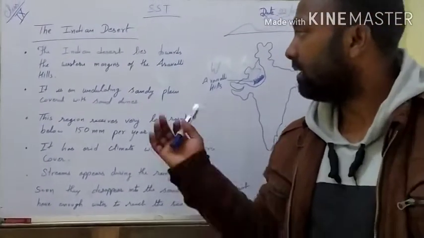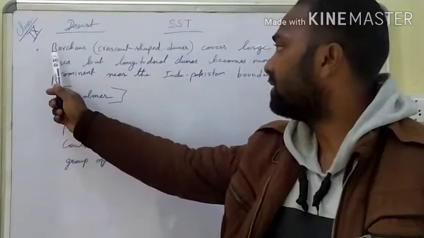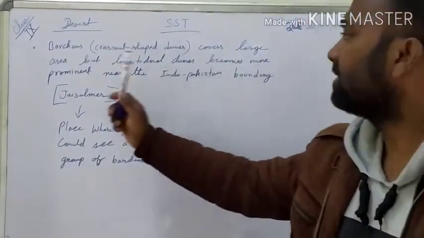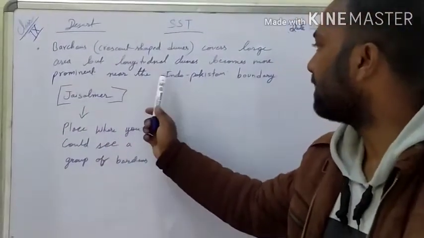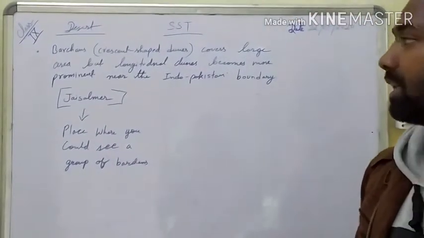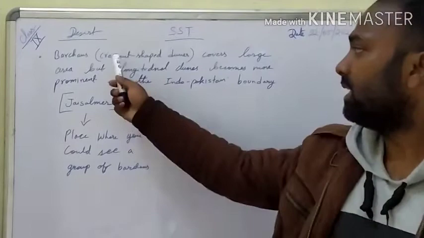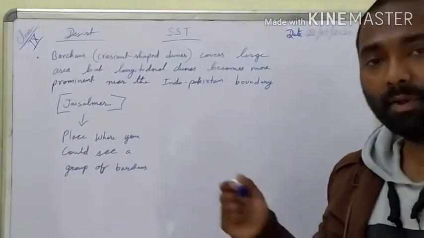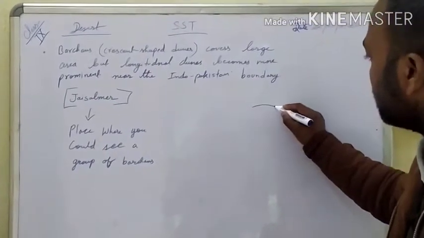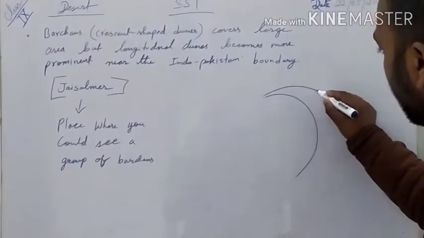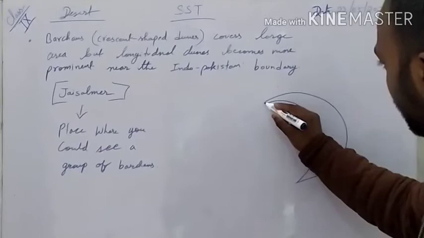Now let us understand the next point. Barchans cover a large area, but longitudinal dunes become more prominent near the Indo-Pakistan boundary. Barchans means crescent-shaped dunes. Some of the areas covered with the deposition of sand become like this. The shape becomes like this. This is your crescent shape.